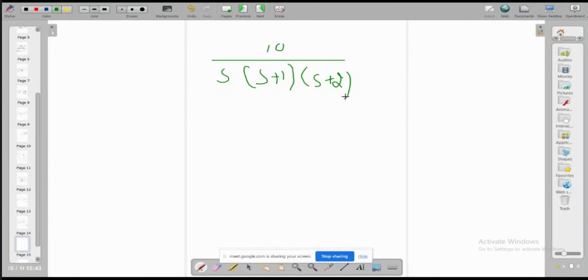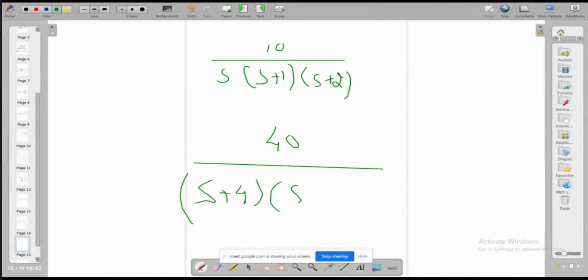This is transfer function number 1. The second one is 40 divided by s plus 4 into s square plus 2s plus 2.